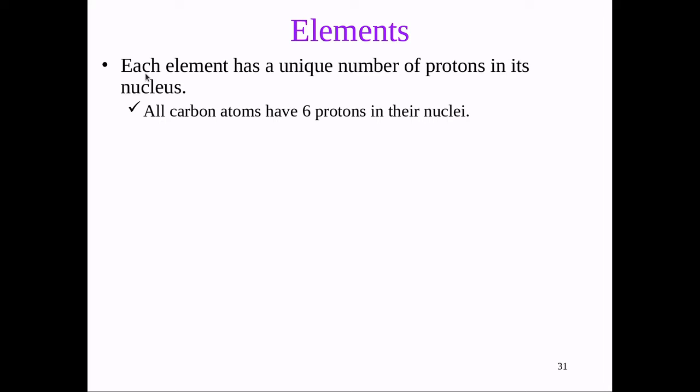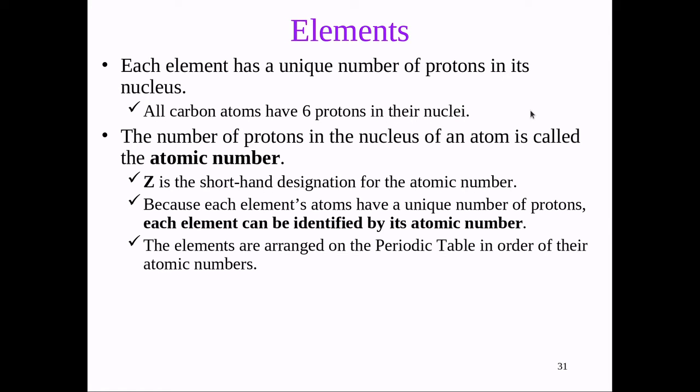So what we now know is that each element has a unique number of protons in its nucleus. For instance, all carbon atoms have 6 protons in their nucleus. The number of protons in the nucleus of an atom is called its atomic number. So remember that the atomic number is synonymous with the number of protons that are in an element.